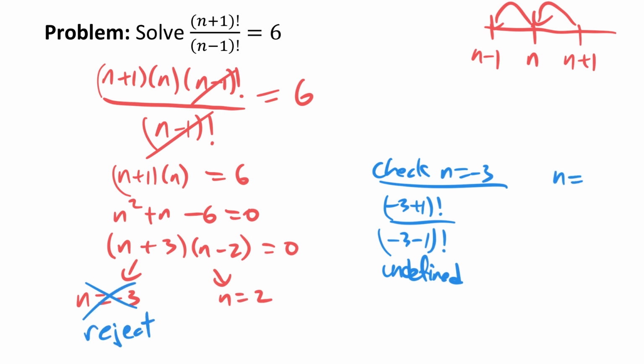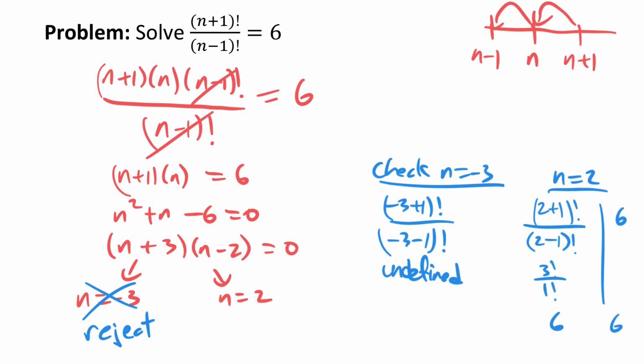How about n equals 2? You have 2 plus 1 factorial over 2 minus 1 factorial. On the other side, you have 6. That's going to be 3 factorial over 1 factorial. That's going to be 6. Yeah, that checks out. All right, so one of the answers worked, one of them didn't.